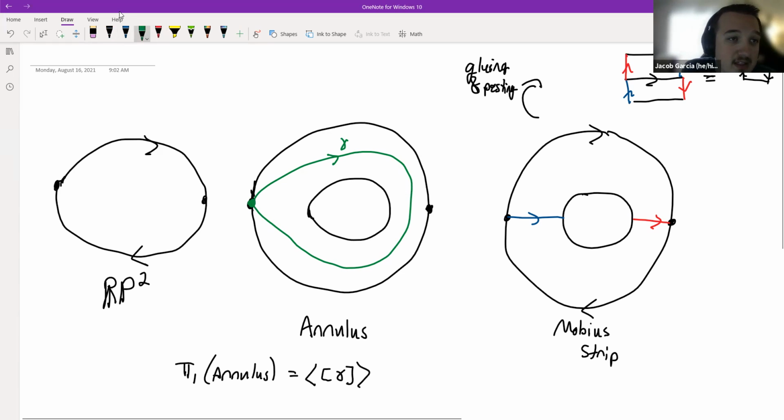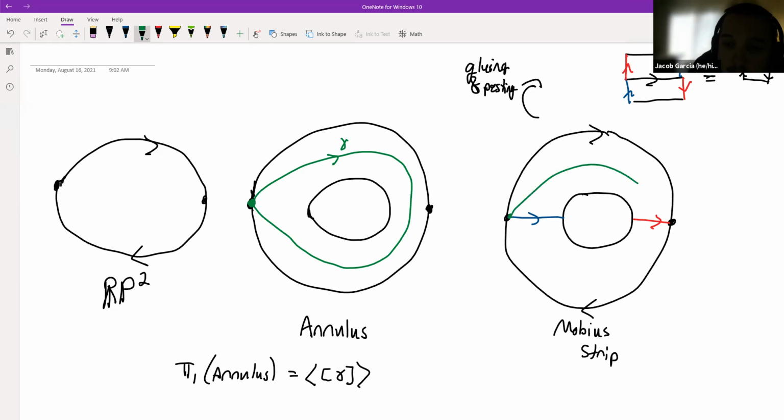I'll stick with green since we used blue and red in this picture. And then my generator for my Mobius strip is beta, like this.